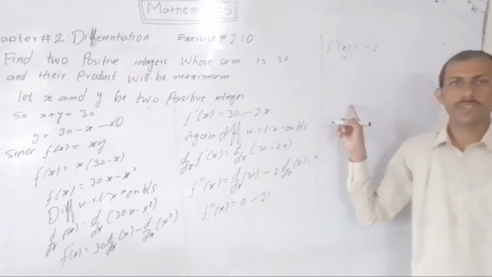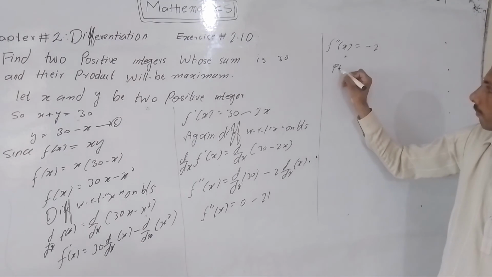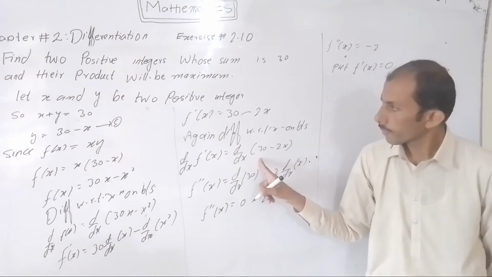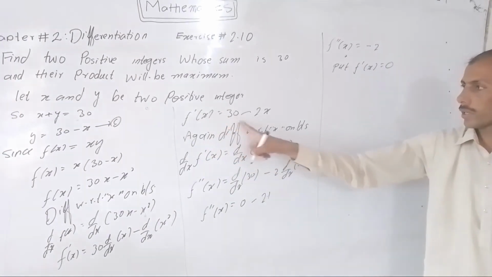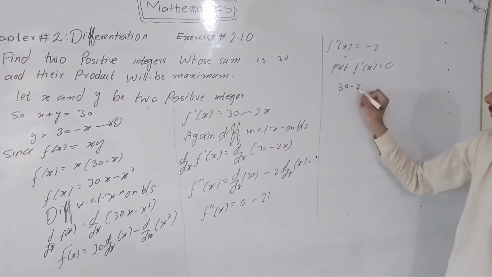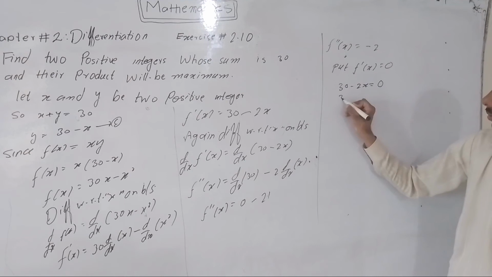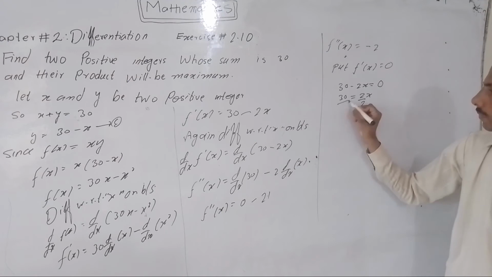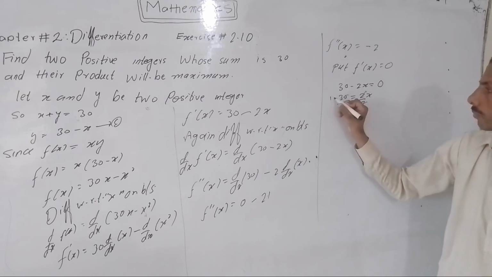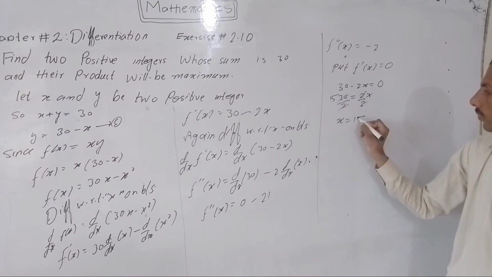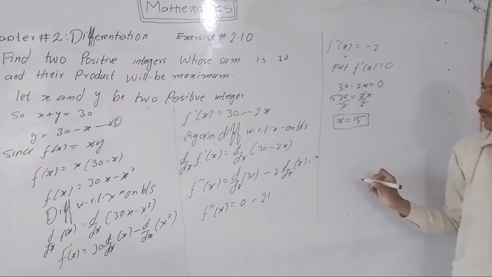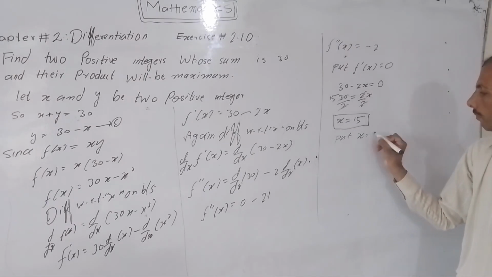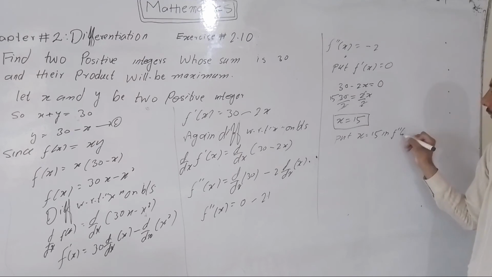Put f prime of x equal to 0. So 30 minus 2x is equal to 0. 30 is equal to 2x, dividing by 2 on both sides, 2 cancels 2, x is equal to 15. Next, put x is equal to 15 in f double prime of x.